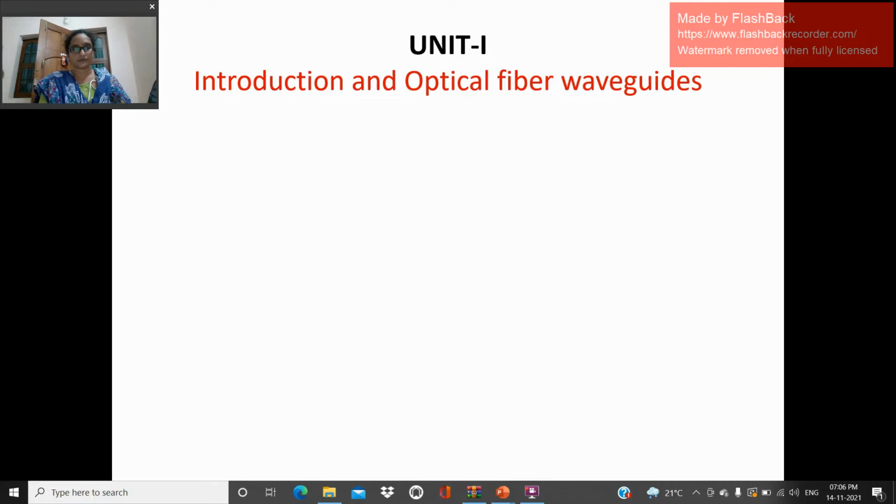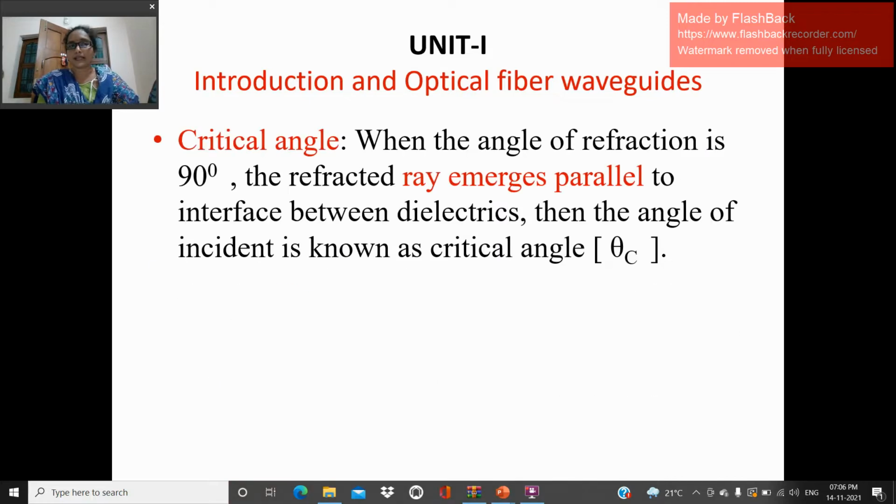Next, critical angle. What is the critical angle? We have already known that the angle of refraction is the bending of the ray which is incident on one medium and travels into the other medium.